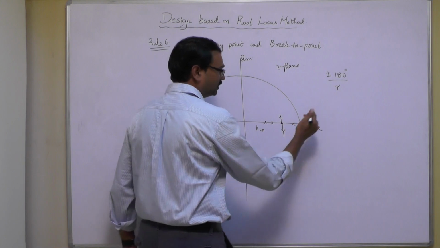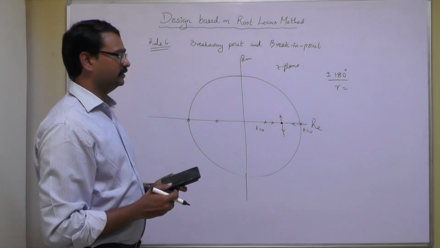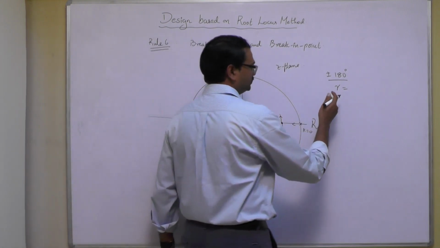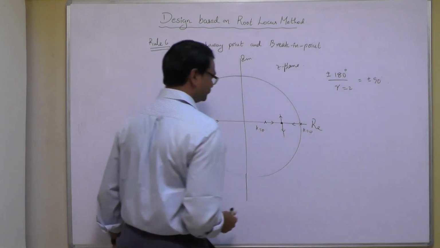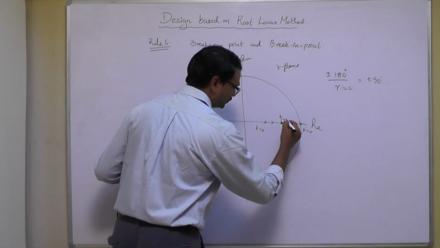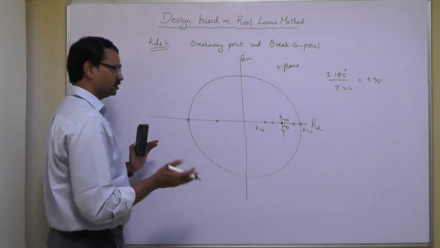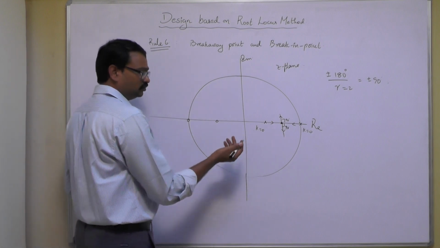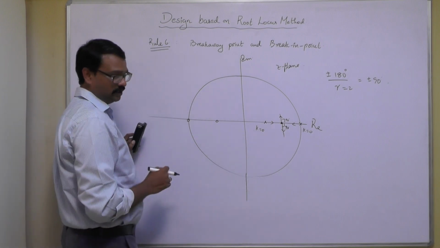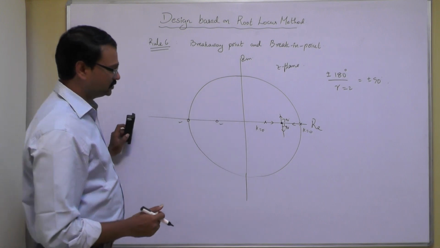Now r indicates the number of branches that are meeting. So these two are the branches that are meeting, and here r is equal to 2, so plus or minus 90 degrees. So around the 90 degree line they are meeting, plus 90 and minus 90. Once they are there, what is happening? They are pushed towards the zeros, and in the system we have 2 zeros here.